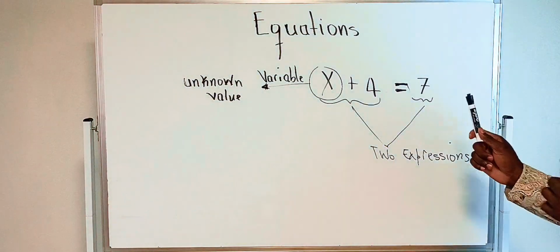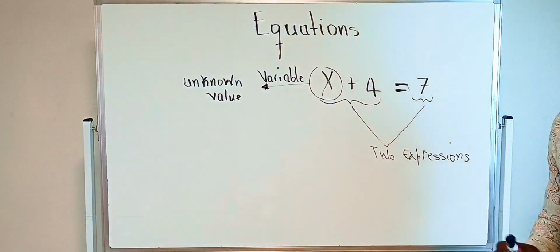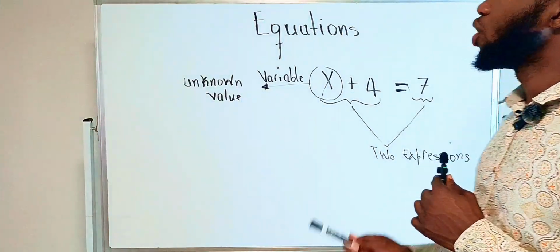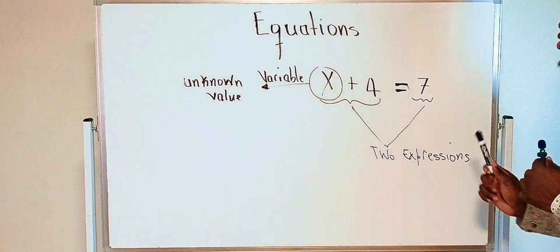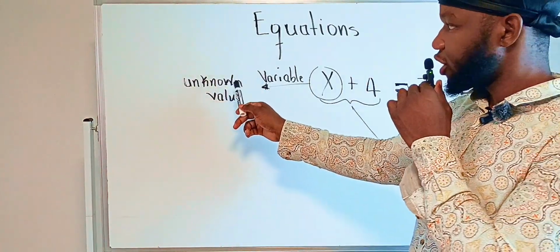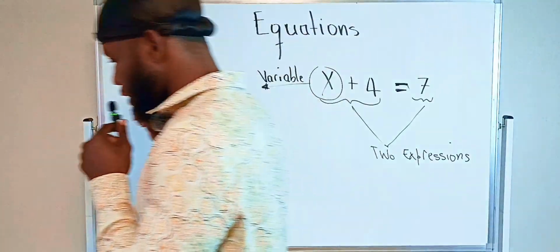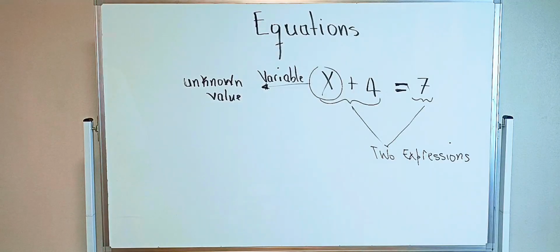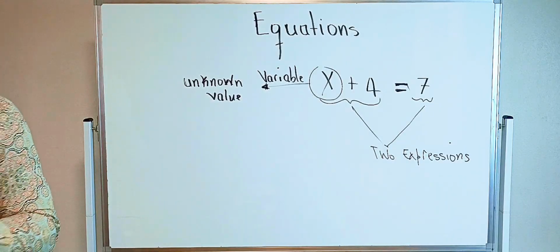When they tell you to solve this equation, they just ask you to find the value for the unknown value, or for the variable.